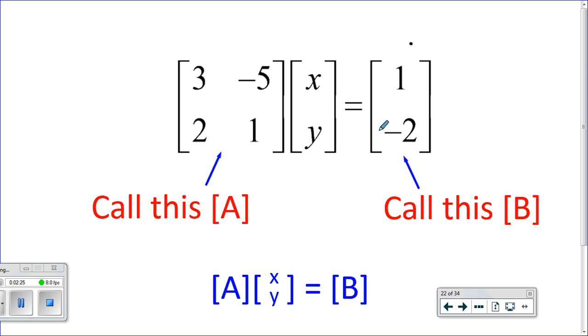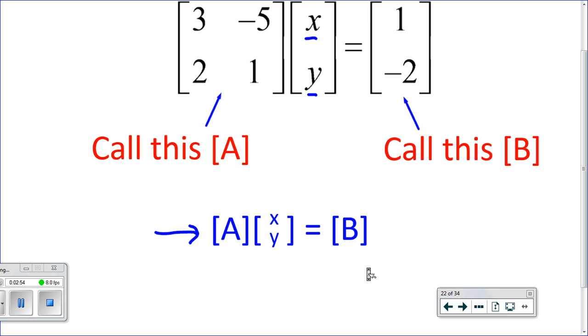So here I have this matrix equation, and I'm going to call this A. I'm going to call the right-hand side B, and this is just my x, y. That's what I'm trying to find. I need to solve for x and solve for y if I'm talking about a system of equations. So here's my notation for this matrix equation. I have matrix A times my variables x, y equals matrix B. And I can write that out as a system of equations.